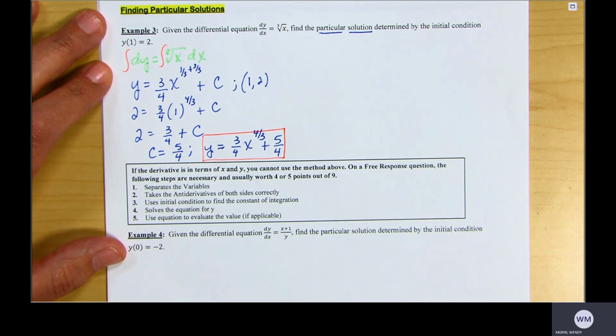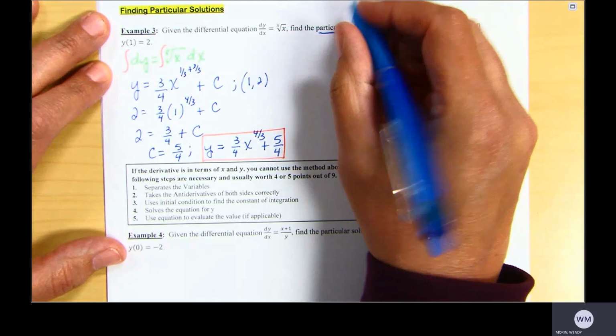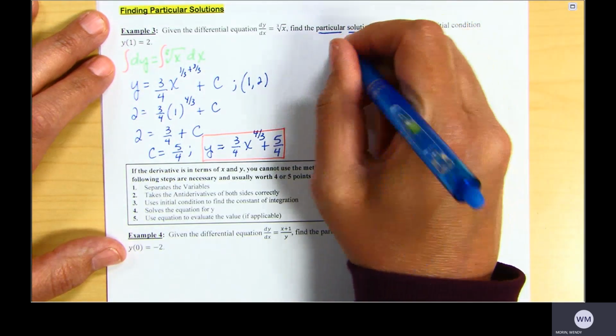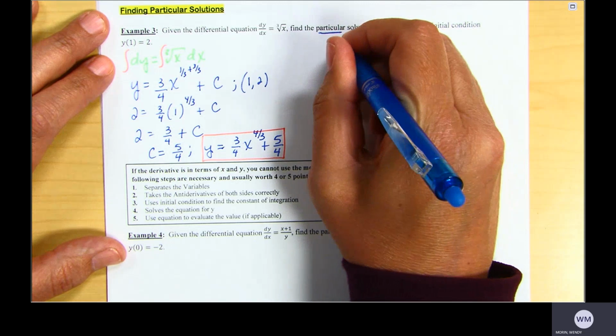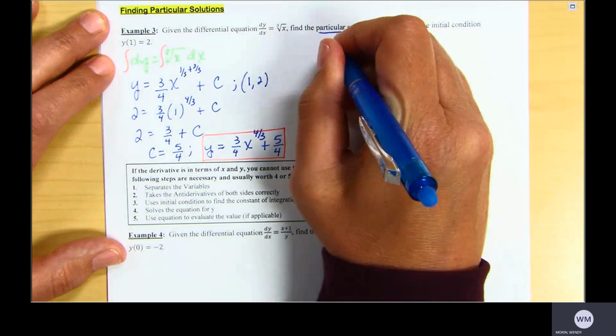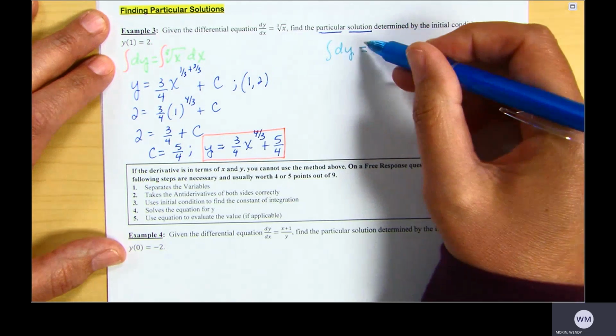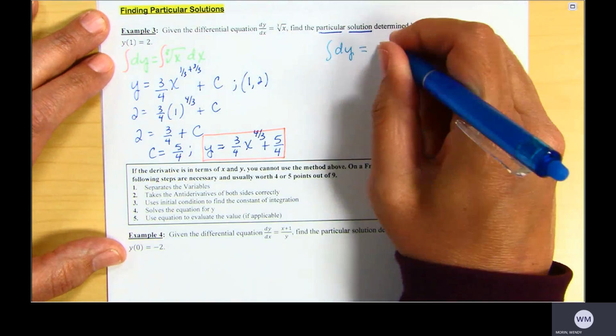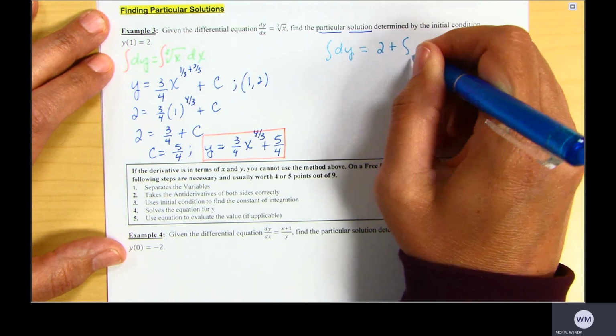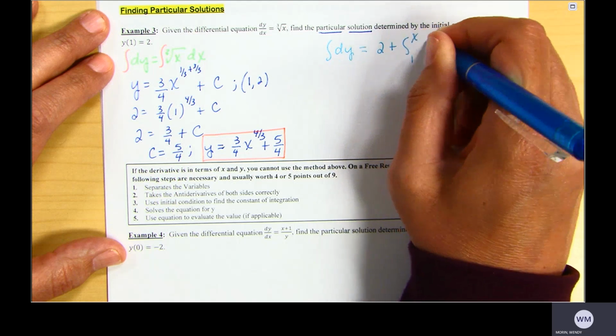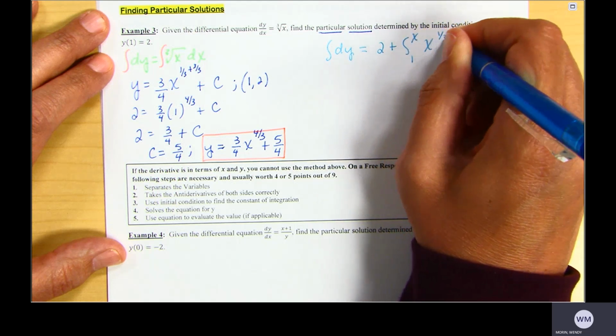There is another way I showed you, which is the way that I tend to do it, and that is using your initial condition. So if you take this original and you integrate dy, but you use your initial condition, 2 plus the integral from 1 to x of t to the 1/3.